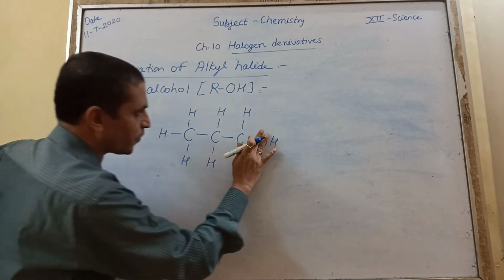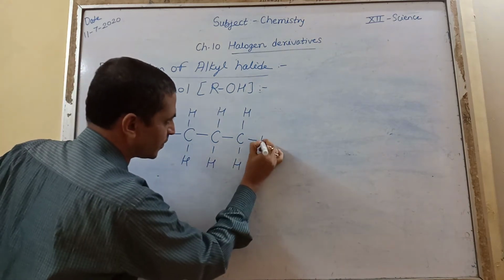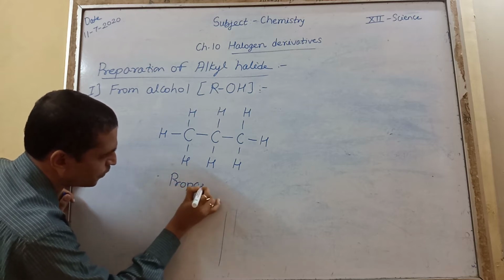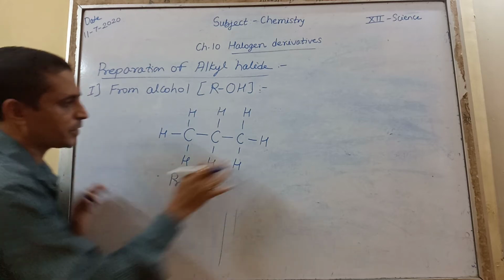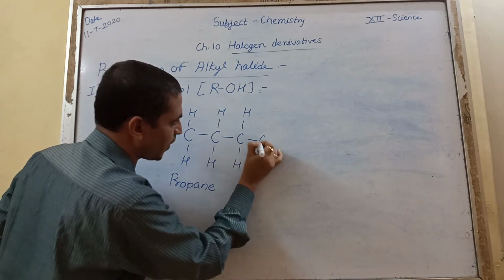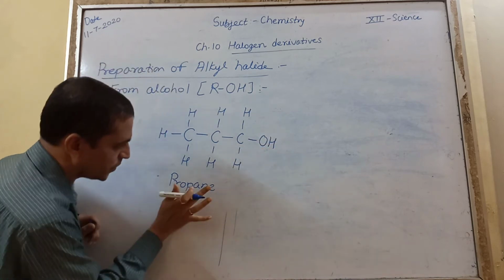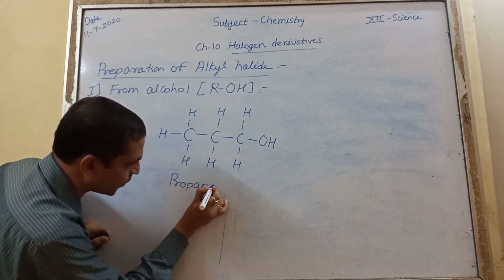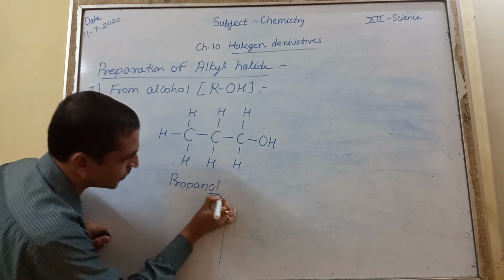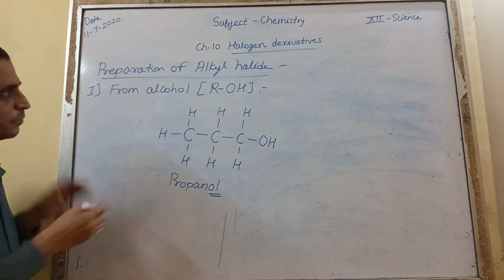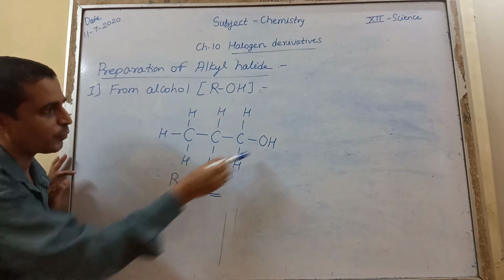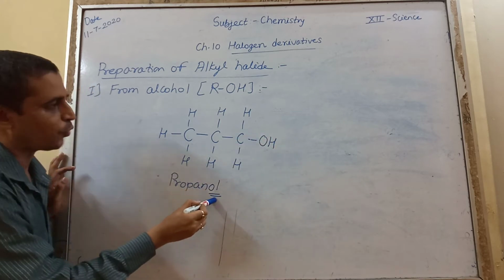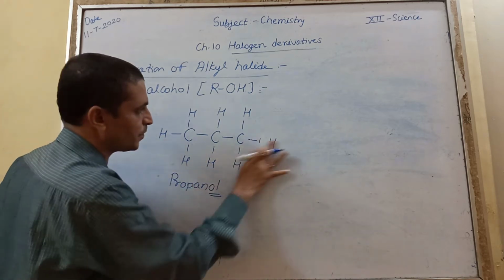Here, if there is H, then it is written as what? Propane. But if this H is replaced by OH, then from propane you get what? Propanol. Remember this. It is very simple because from alkane H is replaced by OH group, and OH group is the functional group. So it is written as propanol.